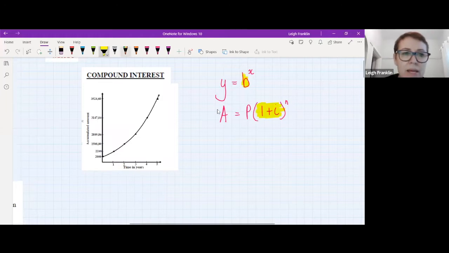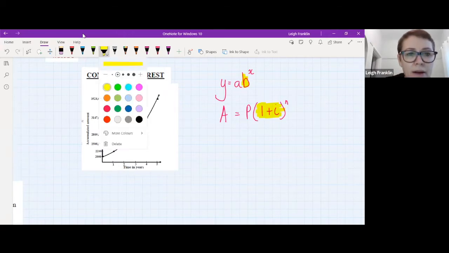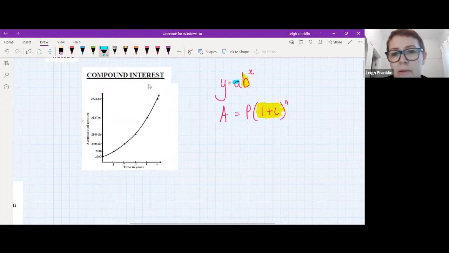And P represents a value that your base to the power of whatever is being multiplied by. Essentially, it's like having a times b to the x, where this little a is like our P over there. So P is multiplied by the bracket and it gets bigger with respect to time.